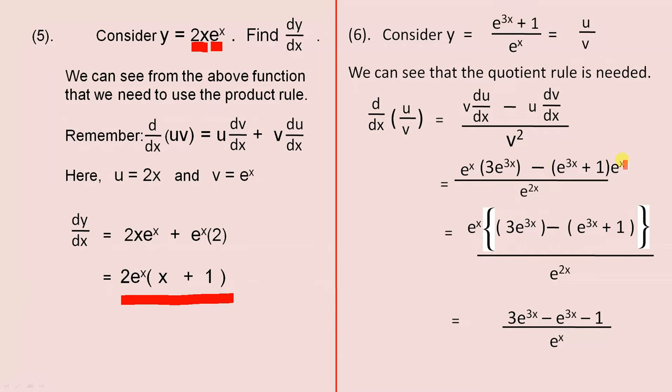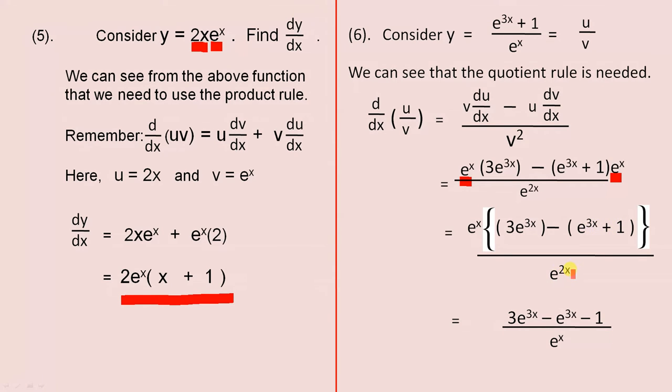So from the numerator we can take out e to the x, because you can see how it's common. See here, e to the x is there, and it's also there. So we take out that common term. So we're left with 3e to the x minus, inside these grouping symbols, e to the 3x plus 1.